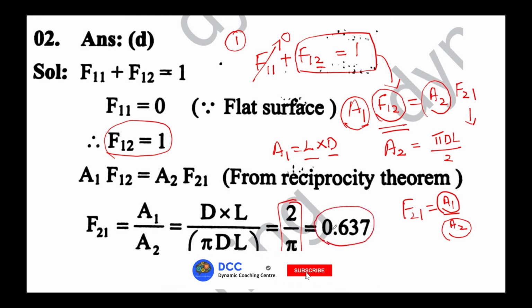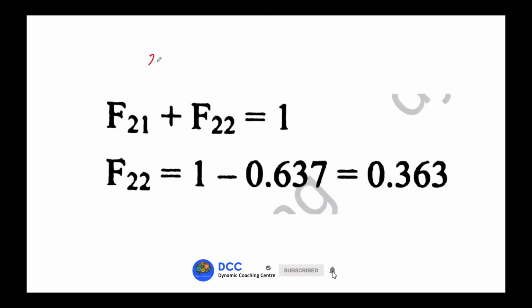Now try to apply the same summation rule for the second surface. The fraction of heat leaving the second surface that falls on the first surface, plus the fraction of heat leaving the second surface that falls on the same surface itself, is equal to 1.